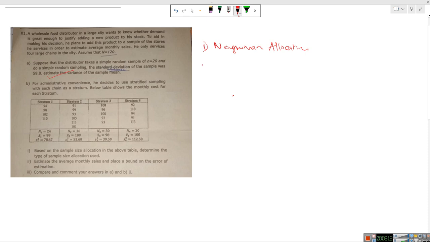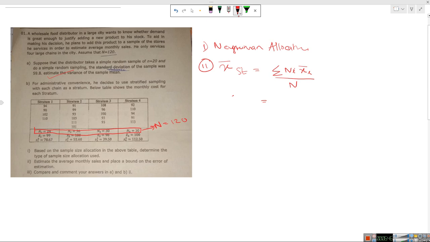Now the second one: estimate the average monthly sales and place a bound on the error of estimation. X bar stratified is equal to the summation of Ni Xi bar divided by capital N. The capital N is 120, that is given, and if we add all these stratum sizes, you will obtain 120.